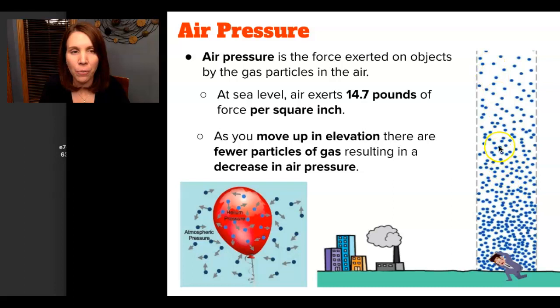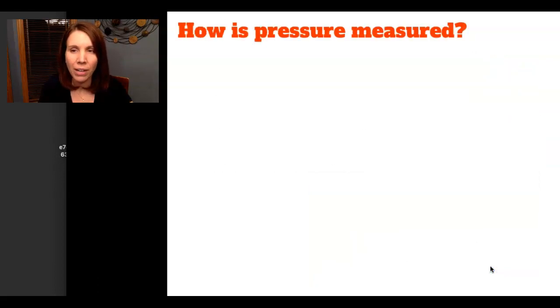So if you go way up in elevation, because there are fewer particles of gas, you're going to experience less pressure at higher altitudes because there are fewer particles colliding with the surface and exerting a force on you. But way down here at sea level, on the ground, we have lots of force being pushed down upon us, 14.7 pounds of force.